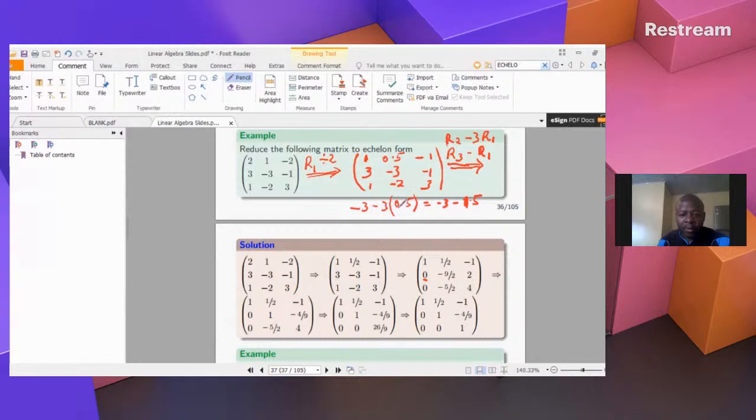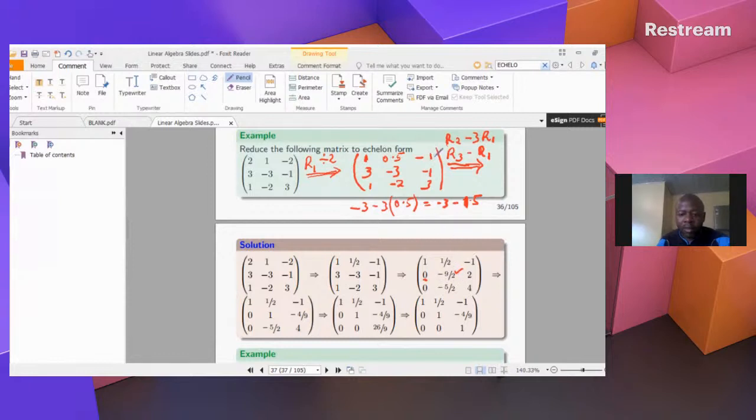So negative 1.5 plus this 3, plus this negative 3, gives me negative 4.5. And that's what you're seeing here. In this example I used decimals, but you can also use fractions, there's no problem.